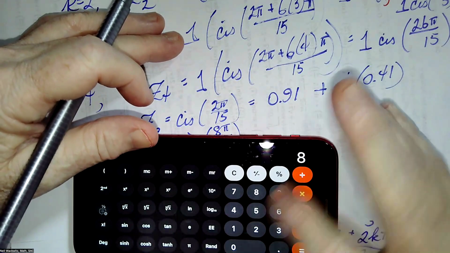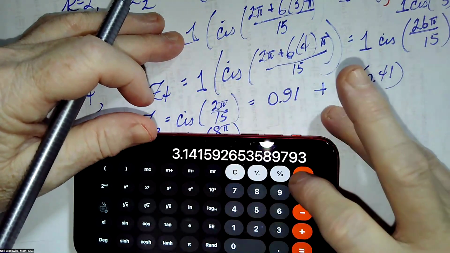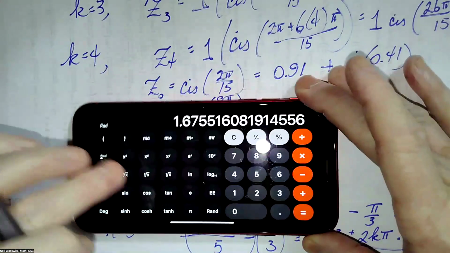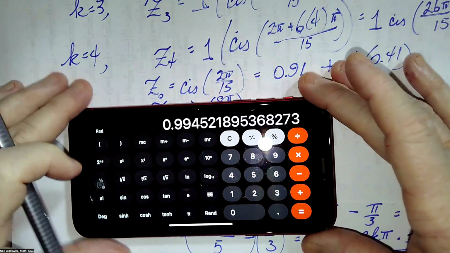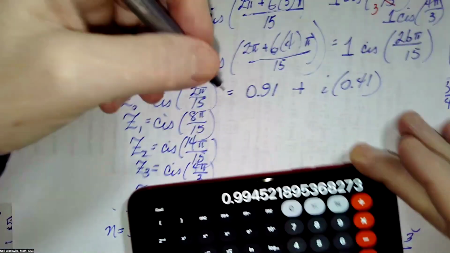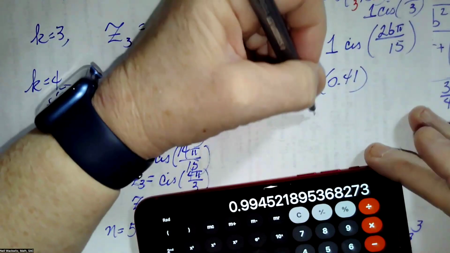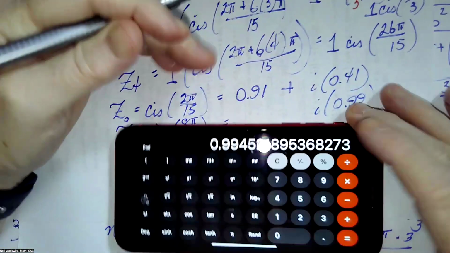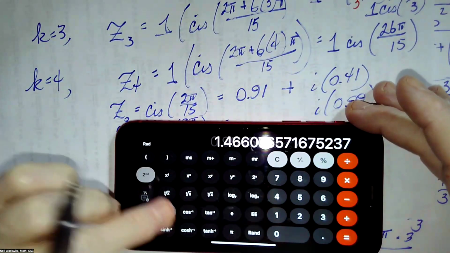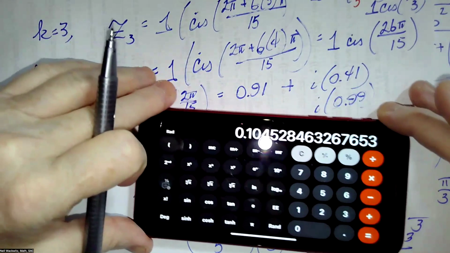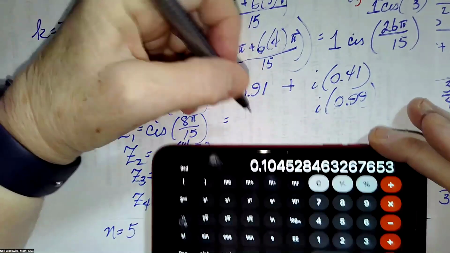Okay, times pi divided by 15 equals, we get that the sine is 0.99 and that the cosine is 0.10.